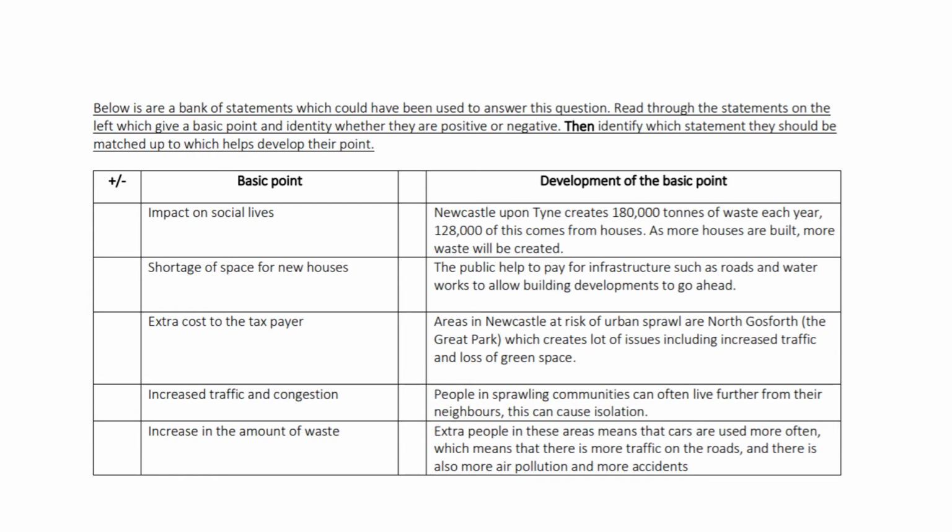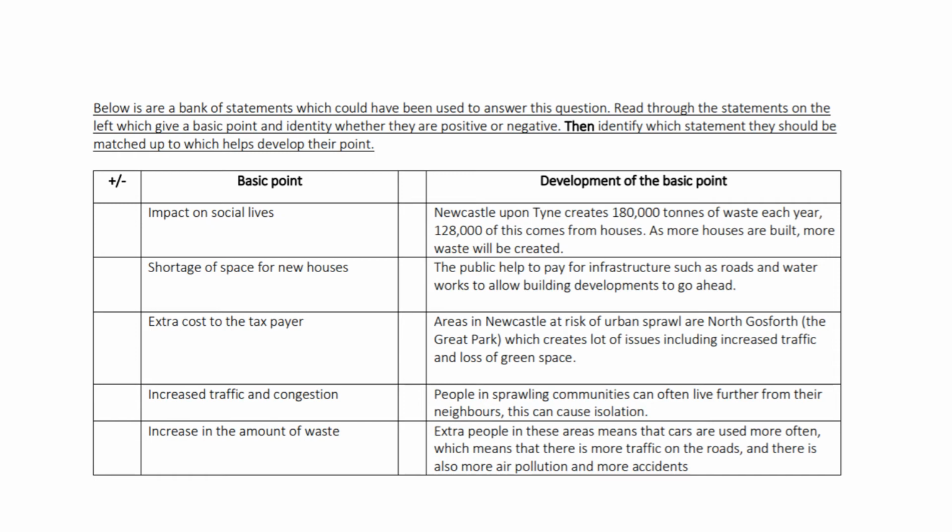So thinking about Newcastle, we then had to talk about what problems or what benefits Newcastle face as a result of urban sprawl. So you'd have to make a basic point and then develop it using information and using case study knowledge from Newcastle to help you. So let's do a couple of these together.